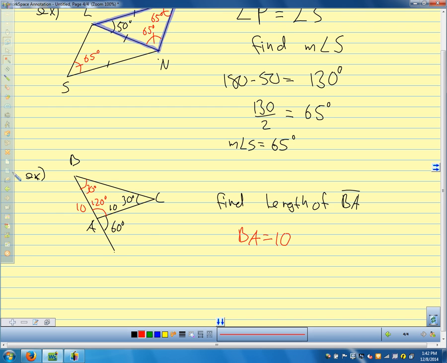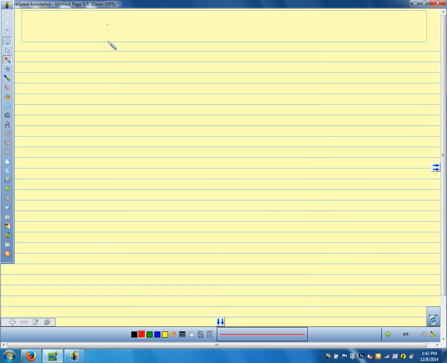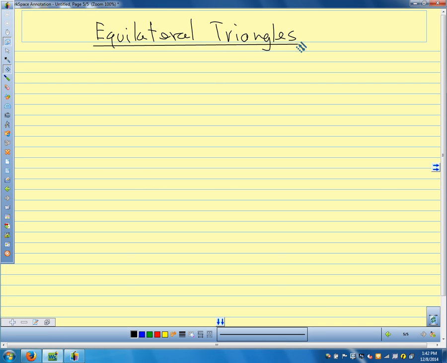All right, one additional piece of information, and we mentioned it right at the beginning of class. Equilateral triangles. All right, first off, equilateral.